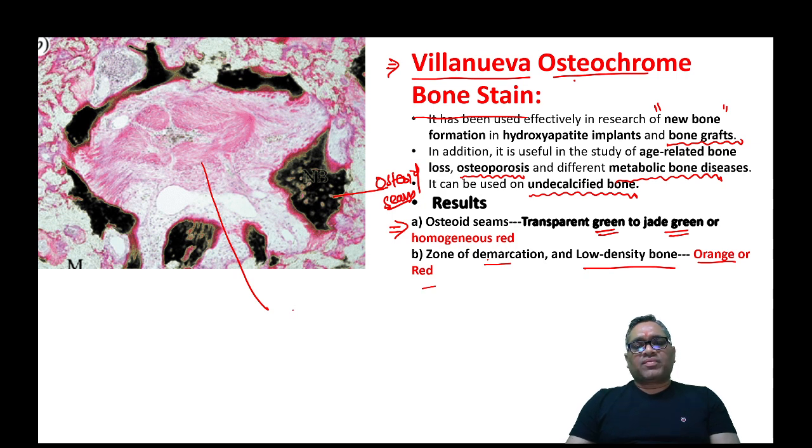These are the zone of demarcation, or you can see that low density bone is here. So that is Villanueva osteochrome stain for osteoporosis, for undecalcified bone, and for age-related bone disorder or metabolic bone disorders, right? Osteoid seams will be green in color and low density bone will be orange to red in appearance.